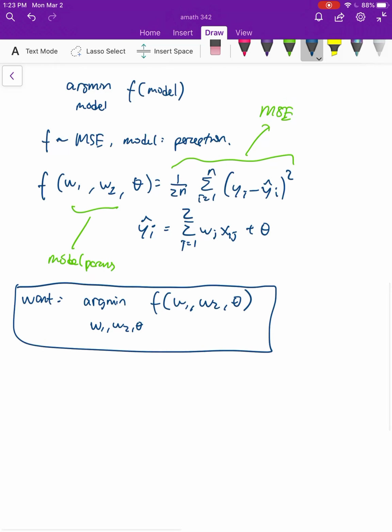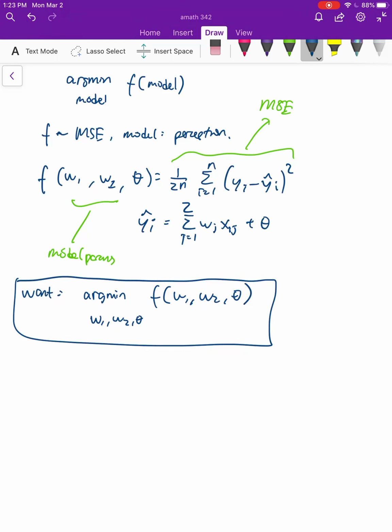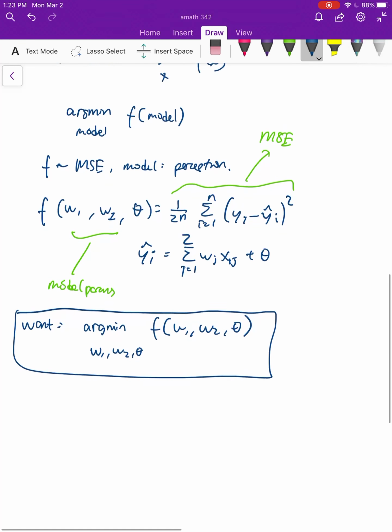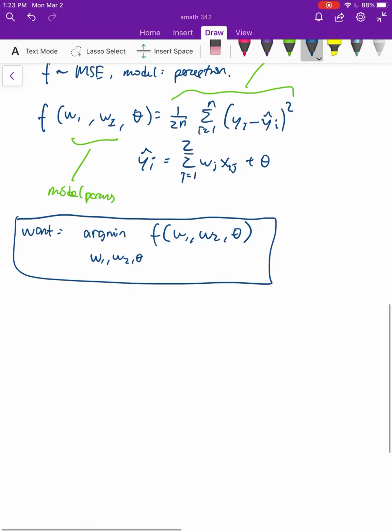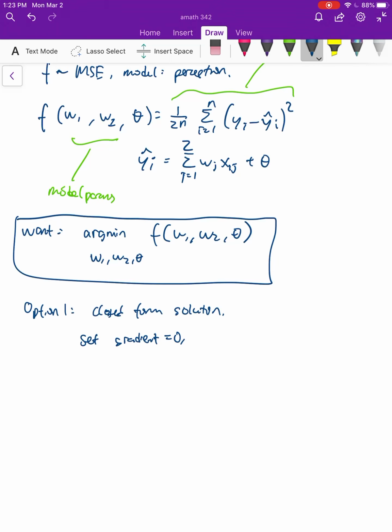Solving this math formulation would give you model parameters that are good, that minimize your classification error. How do we do this? Well, from calculus, you have learned that when you want to find the global minimum of a function, you do things like maybe set the gradient equal to 0, and then solve analytically.